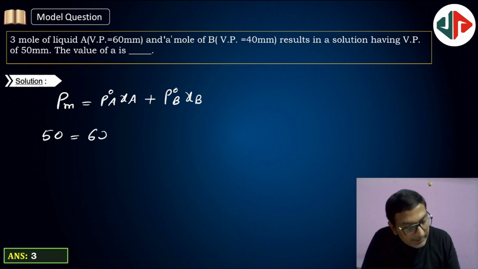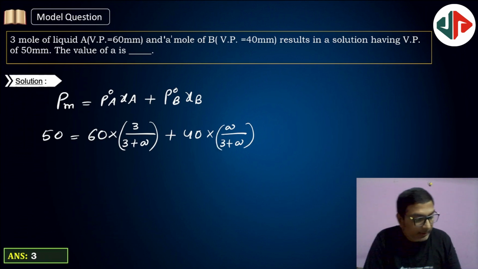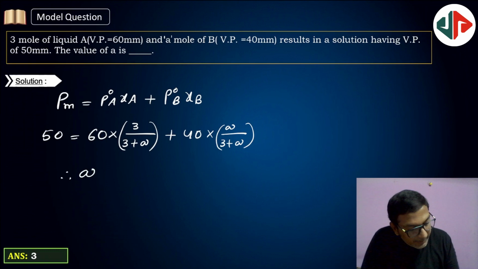P naught A 60 into mole fraction 3 by 3 plus A plus P naught B 40 into A by 3 plus A. So by substitution, you can say A value will be equal to 3.